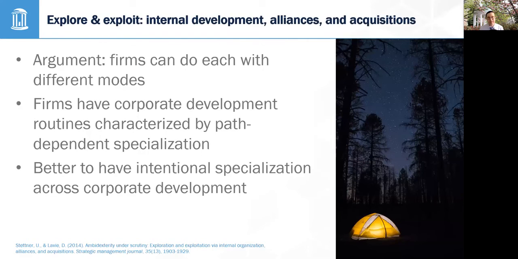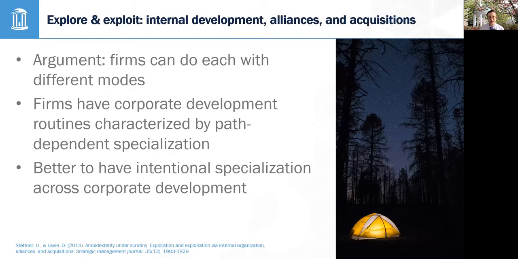In addition to complementarity between modes, this next paper talks about exploration versus exploitation, which these authors argue should be balanced across modes. So exploration is about finding new technologies, new opportunities. Exploitation is about maximizing the value from those previously identified opportunities. You need a balance of these to do well. The authors of this argue that you tend to get better and better at one or the other within each mode.